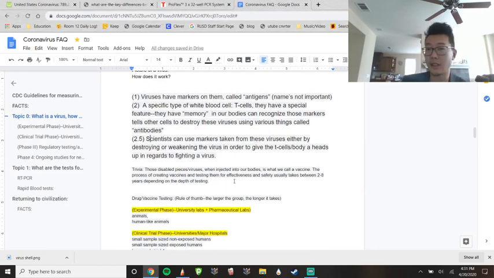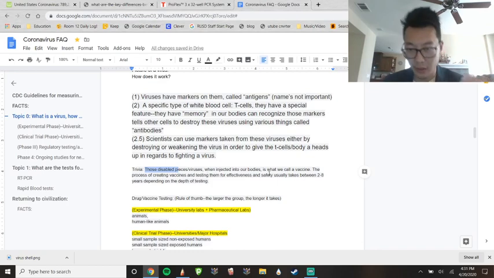That's the entire gist of what a vaccine is. So, those disabled pieces of viruses, when they're injected into our bodies, that's what we actually call a vaccine. And the process of creating vaccines and testing them for effectiveness and safety usually takes between 2 and 8 years, depending on how deep and how quantifiable all of our data that we want to collect is.